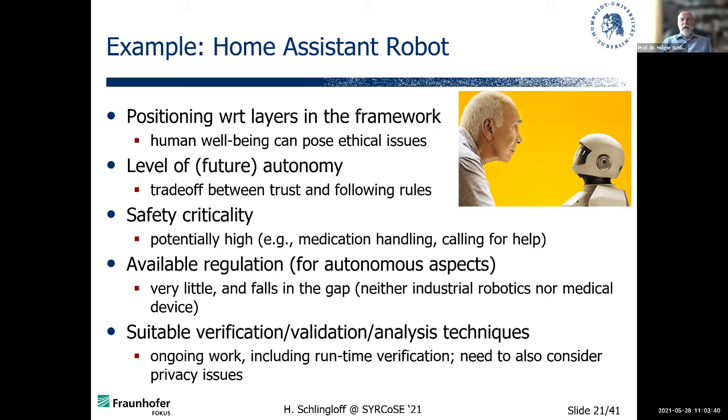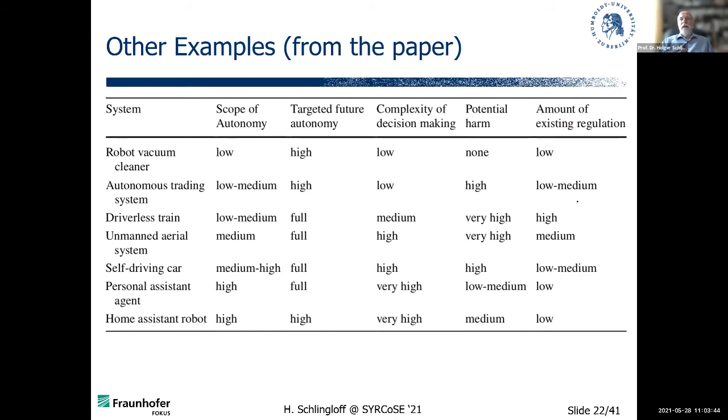However, for the rest of it, there are lots of other examples in the paper, like I told you: a vacuum cleaner, an autonomous trading system on Wall Street, a driverless train where we are very active in developing that, unmanned aerial vehicles, drones, self-flying drones, self-driving cars, and so on.